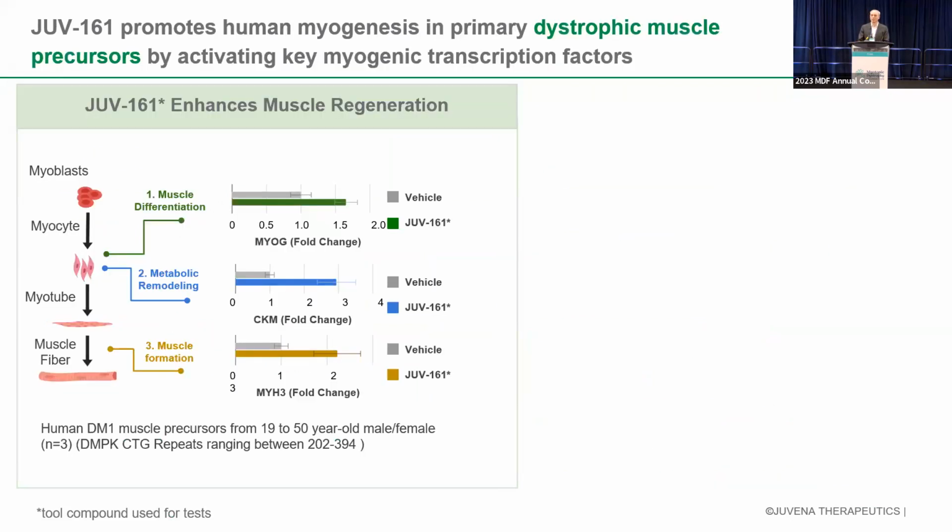Importantly, we also tested the molecule in human myotonic dystrophy afflicted precursor cells. In this particular instance, I'm showing some data collected by the team that shows that it strongly increases the expression of key markers of the progression from early muscle precursor cells into mature muscle fibers.